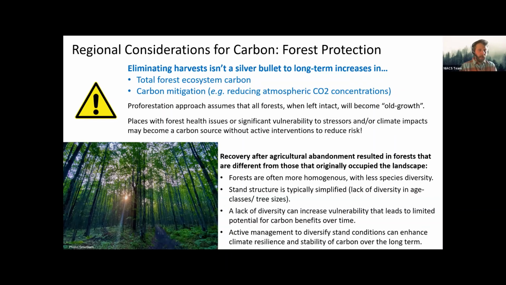And I think that that's based on some assumptions that I don't think are backed up by the scientific literature. One is an assumption of how our old growth forests are going to perform in terms of maintaining their ability to be carbon sinks as climate is changing.